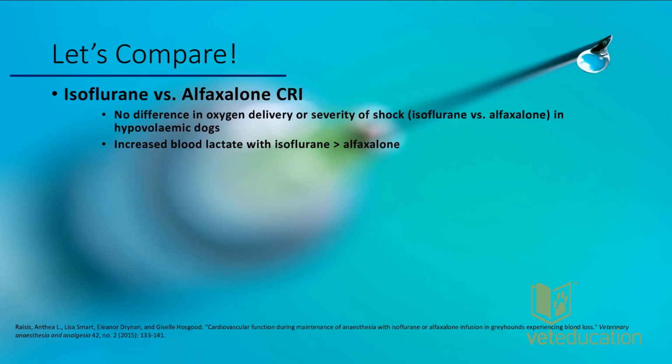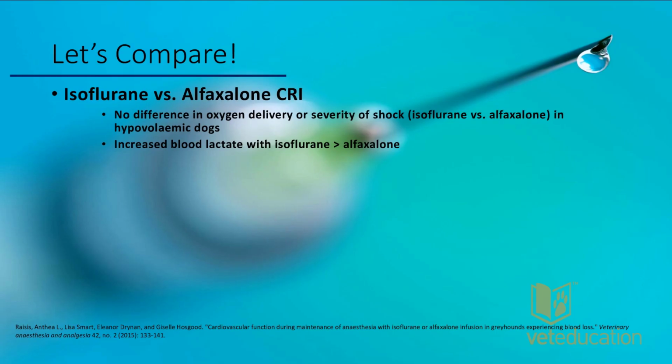So what about alfaxolone continuous infusion versus isoflurane? Well, there was an interesting study looking at cardiovascular function during maintenance of isoflurane versus alfaxolone in greyhounds experiencing blood loss. So they induced blood loss in these dogs and then compared them, isoflurane and alfaxolone continuous infusion, to see whether or not there was any significant difference.